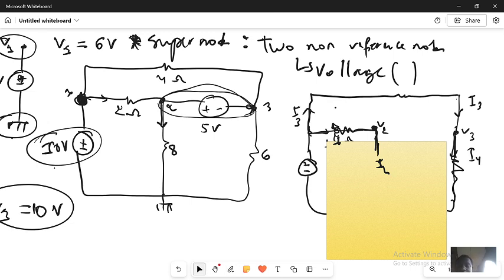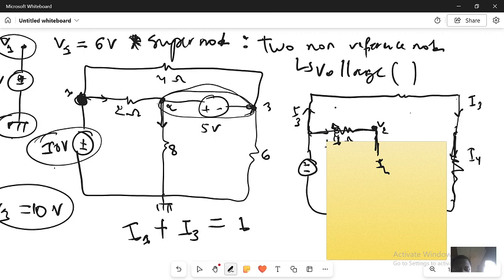So to use KCL between the two nodes, the summation of the currents entering both of these nodes is kept. What's the current entering? I will have I1, because I1 is entering this node. I also have to look at this other node. The current entering here is I3, so it's going to be I1 plus I3, and there is no other current entering, equal to the current leaving. In this node, which current is leaving?